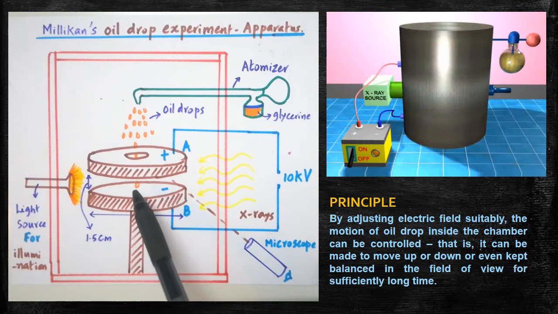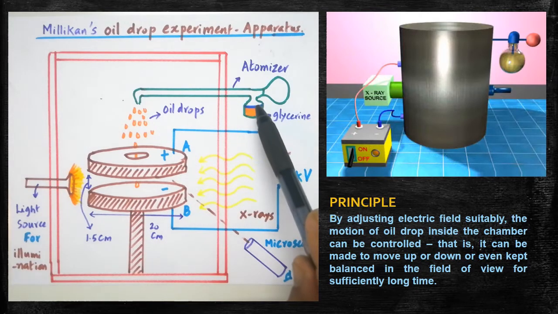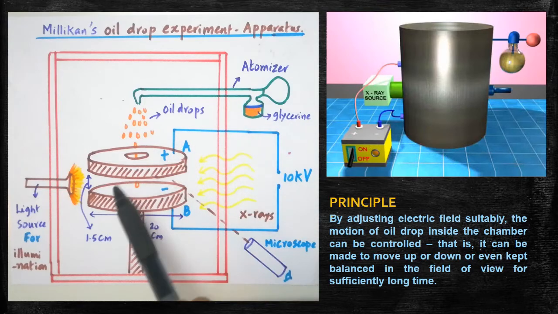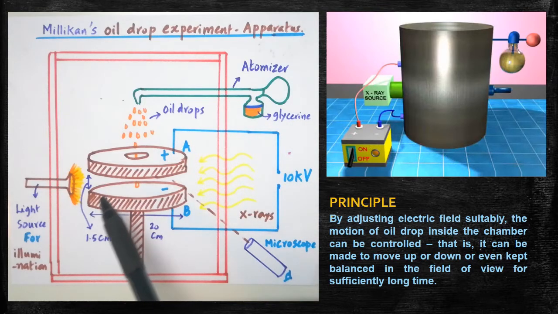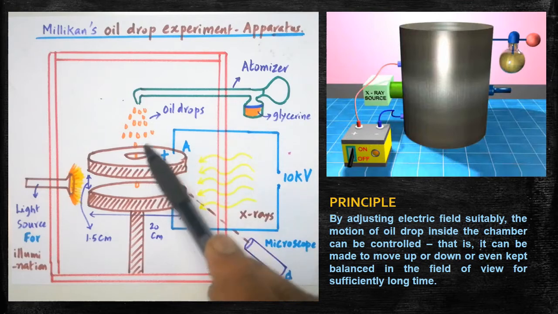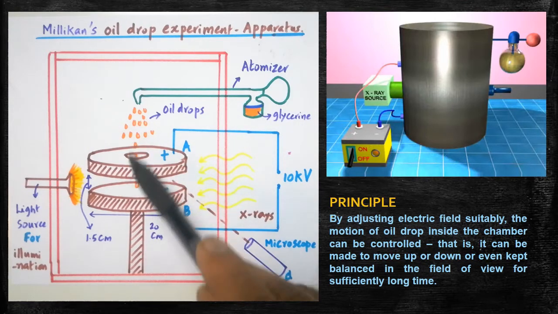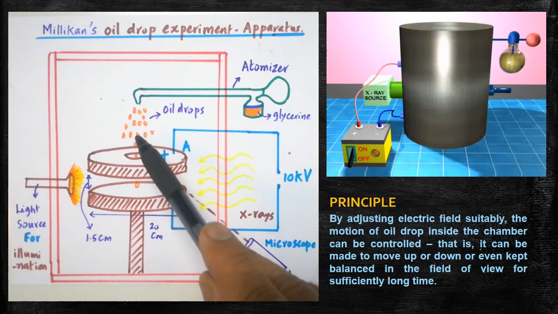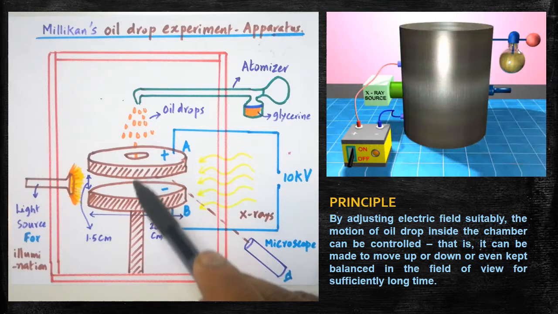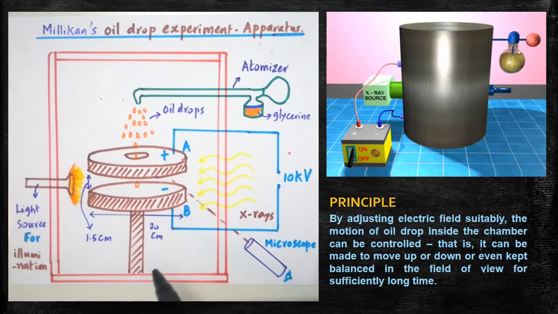So for spraying purpose the atomizer is used. Initially the oil drop will be descending due to gravity, acting as a free falling body, moving through the hole, and you can view the movement of the oil drop.